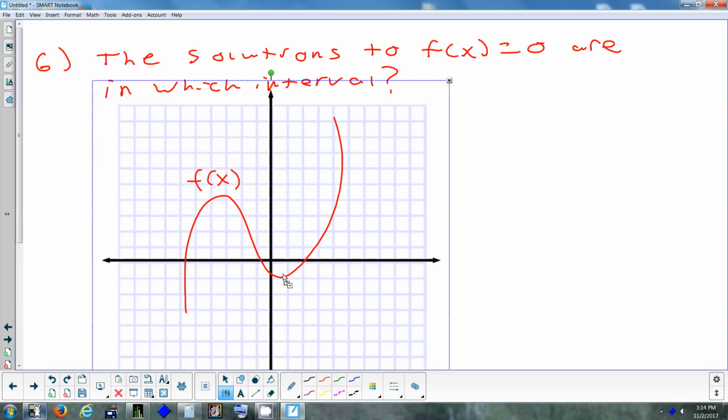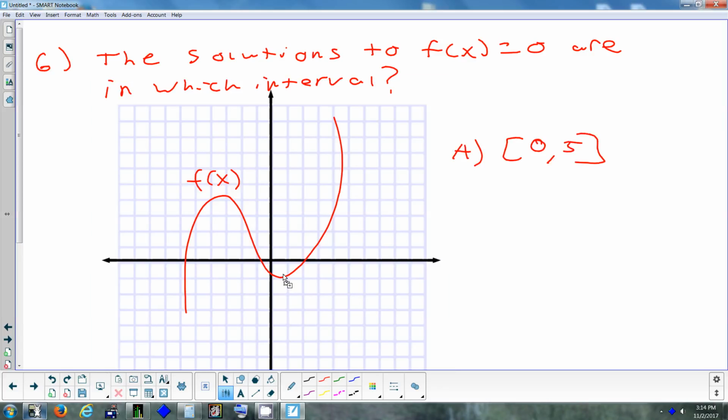The question is the solutions to where that equation equals 0 are in which interval? So I'll just give you some choices. Are they in the interval from, let's say, 0 to 5? And I'm talking about all the solutions, not just one or two, all three of them. Are they in the interval from, let's say, -3 to 0?